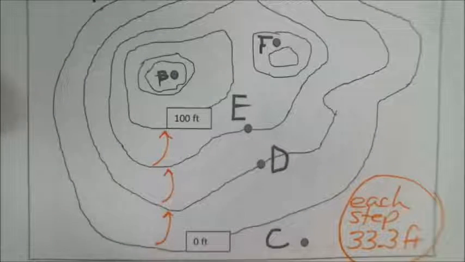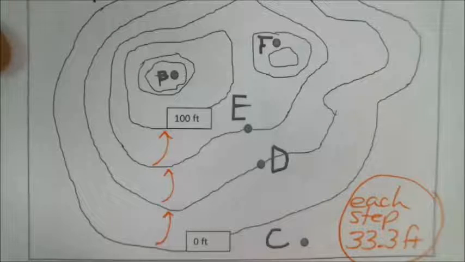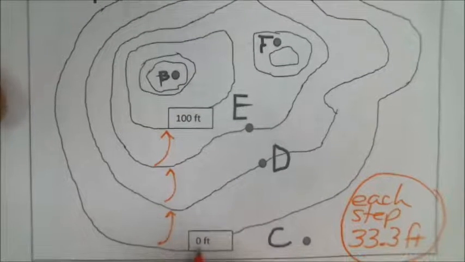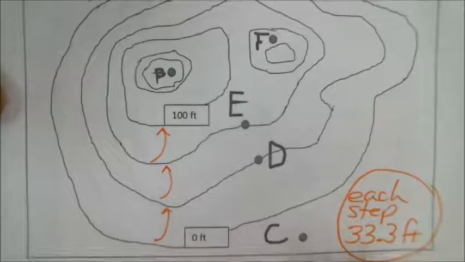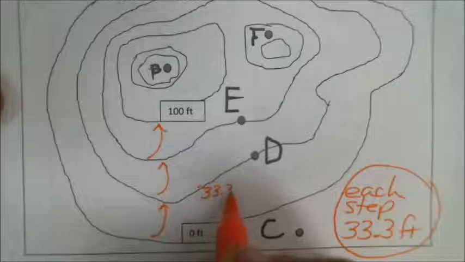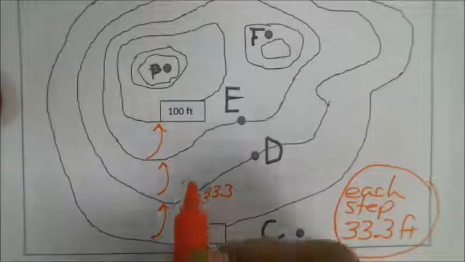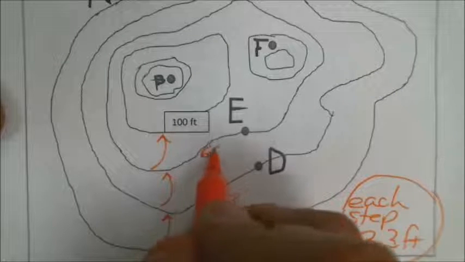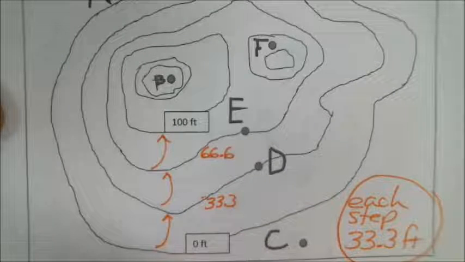So let's label all of these contour lines, and that way we can tell the elevations of all of these letters. So we start off at 0, and we add our 33.3 feet, and we get then 33.3. That's kind of obvious. But we add that 33 again, and we'll get 66.6.